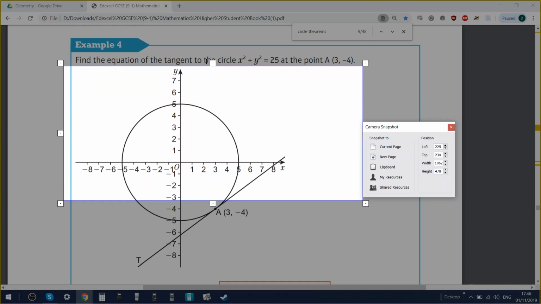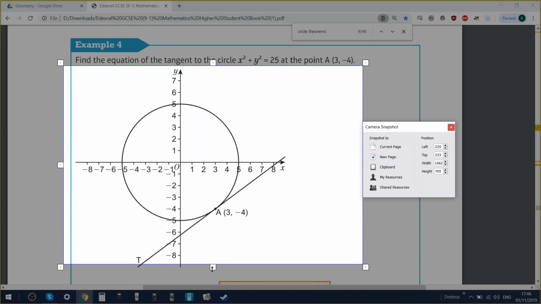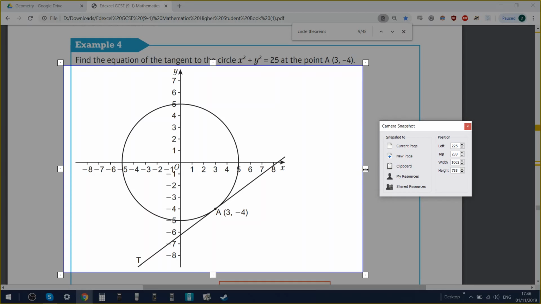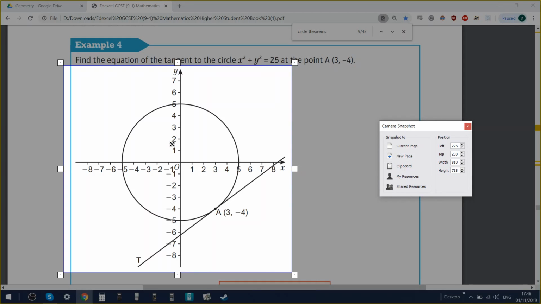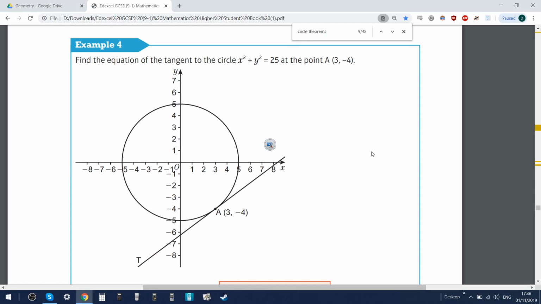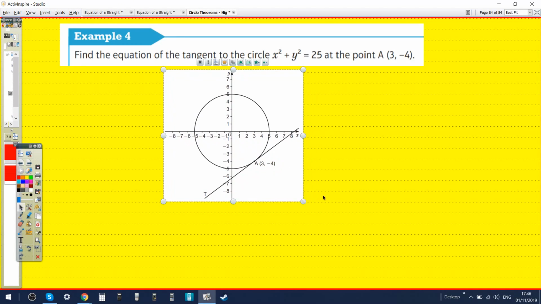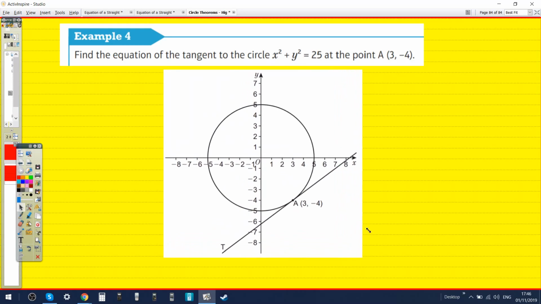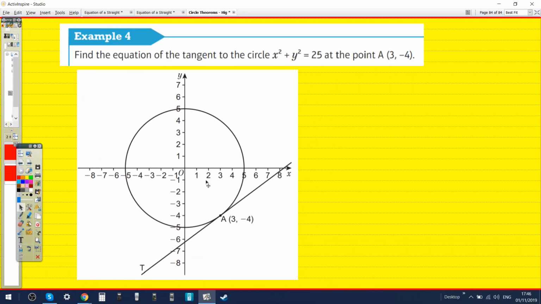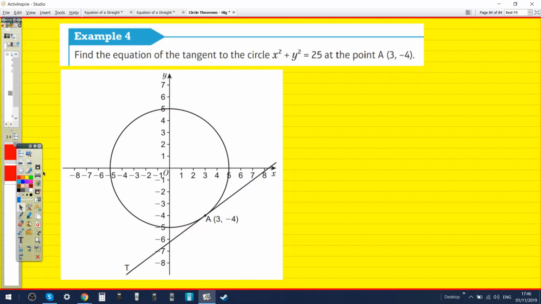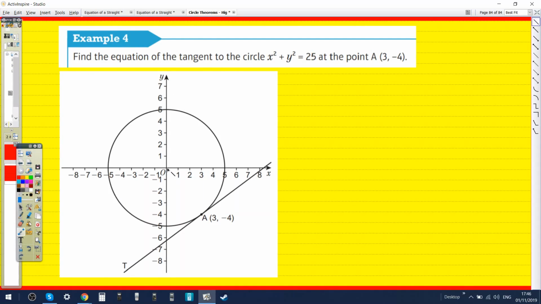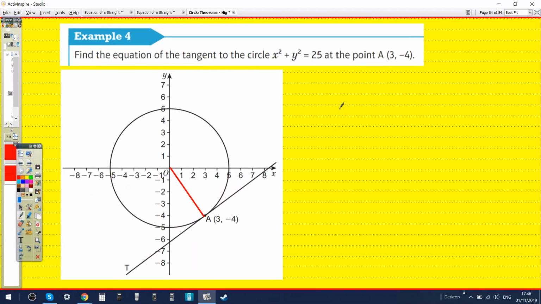What if you were to draw a radius from the origin to that point 3, minus 4? Do you know anything about a radius and a tangent? No, I know how to draw a radius, but that's it. They meet, basically they're perpendicular. Oh, okay. So if you draw it from zero to point A, it's perpendicular. Okay. Yeah.